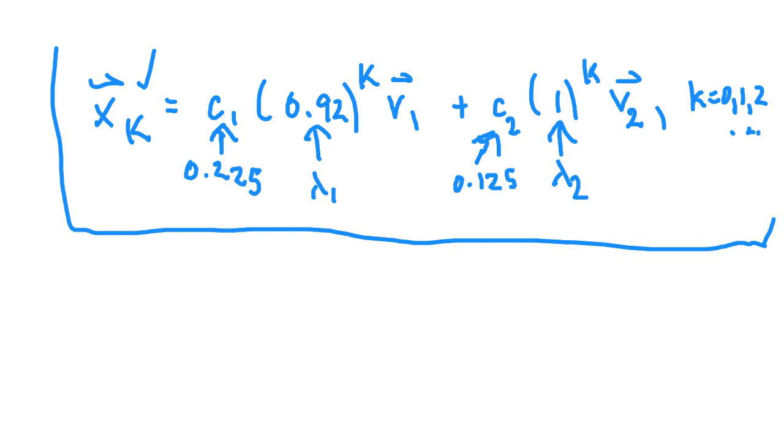So what we want to do is find the limit as k goes to infinity of the stage vector x sub k. In other words, that's going to tell us what the long-term behavior of the dynamical system is.